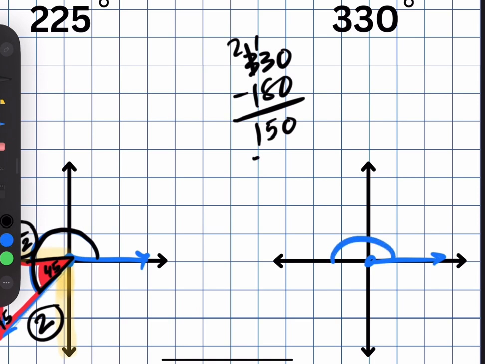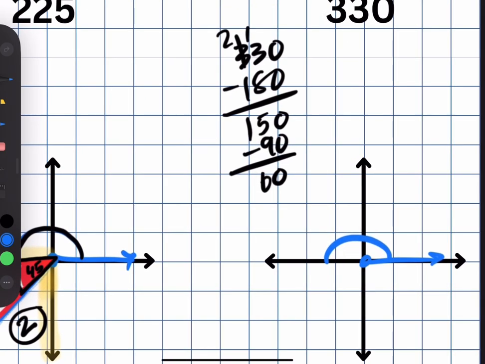And then I could do another 90 degrees, leaving me with 60 degrees finally to travel, which would be 2/3 of these sections, okay? And so now that I have my terminal side, I'm going to connect this terminal side to the x-axis, creating my reference triangle. And again, I'm going to use a different approach.